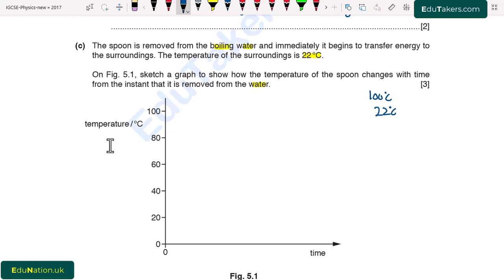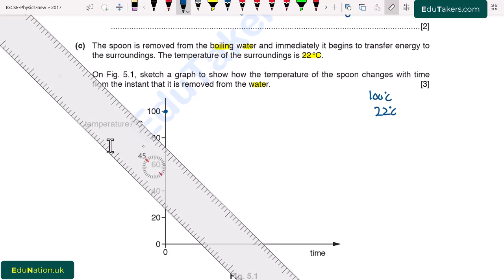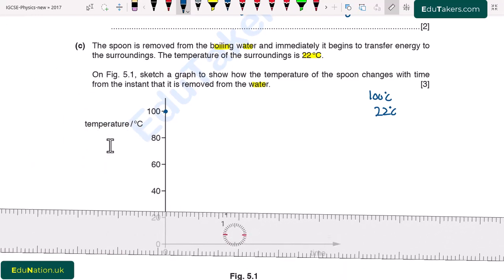So we have to draw a graph of how the temperature of the spoon changes with the time from the instant when it is removed from the water. First of all, its initial temperature is 100 degrees C and then when we remove it, its temperature decreases and it becomes 22 degrees C. So I draw a line here using a ruler at 22.